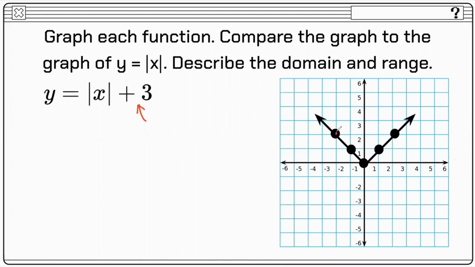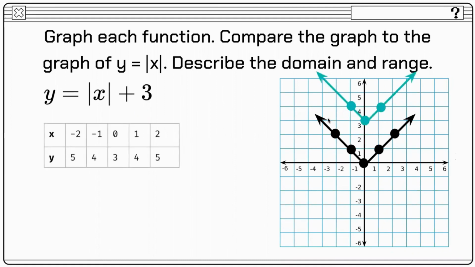So for example, (-2, 2), if you bring it up 3 units, would be (-2, 5). (-1, 1) would go up to (-1, 4). (0, 0) goes up to (0, 3). (1, 1) goes up to (1, 4). And finally, (2, 2) would go up to (2, 5). And now you can plot all those points. And from there, you just connect them with your lines.